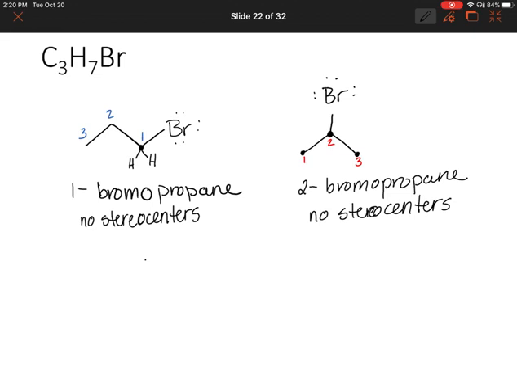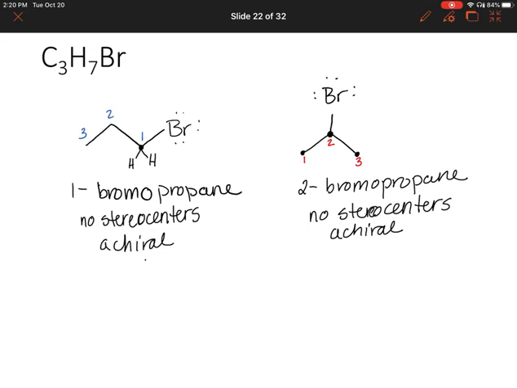All right, so then are these molecules chiral or achiral? Well, if they don't have stereocenters, then they are achiral. Okay, so the fact that they are achiral will tell us more about their relationship to each other. So are these two molecules constitutional isomers?